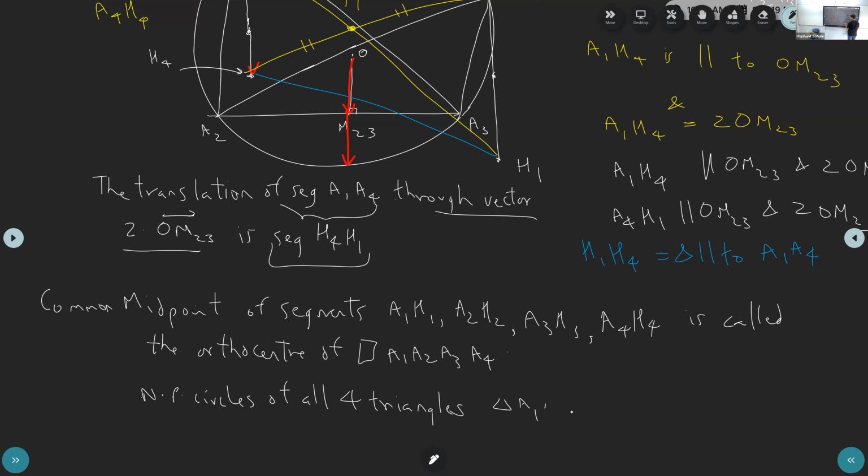A1, A2, A3. So this is a very rare occurrence that there are 4 circles which are all passing through the same point. And not any 4 circles, the 9-point circles.